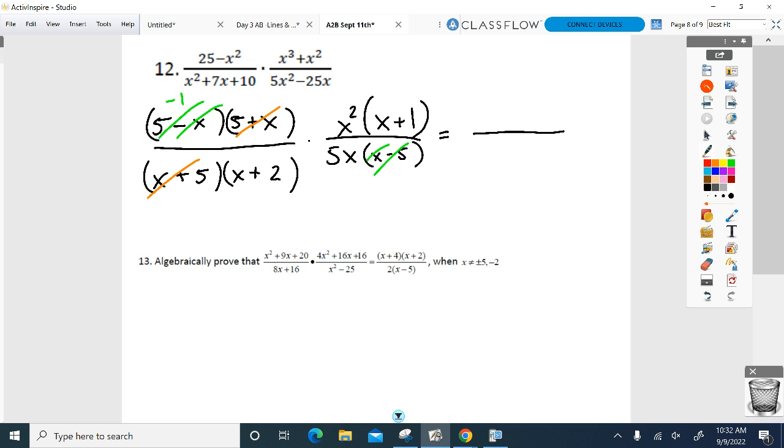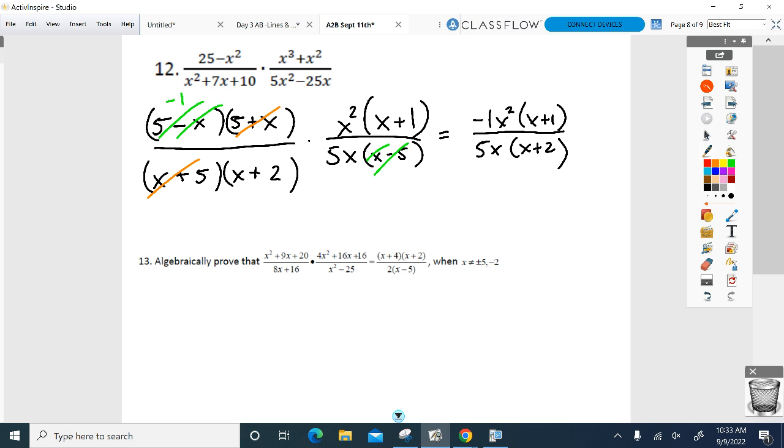I have the negative 1, x squared, and then in parentheses x plus 1. And what's still not crossed out on the bottom? x plus 2 and the 5x. So I'll put the 5x first. How many x's do you have on top? 2, and 1 on the bottom.